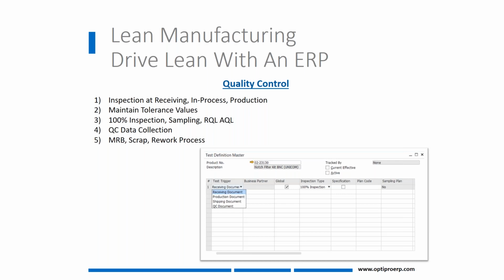Certainly, I can do it at the end of a work order, so that only good parts are getting into my finished goods inventory. And of course, I can inspect them before parts go out. And at any time during the process, hey, things happen, so you have to have the ability to do ad hoc inspection.